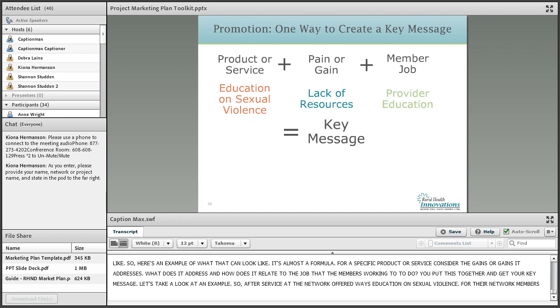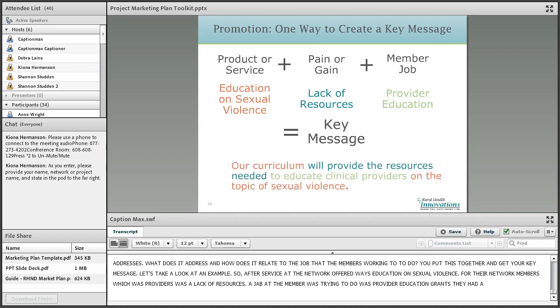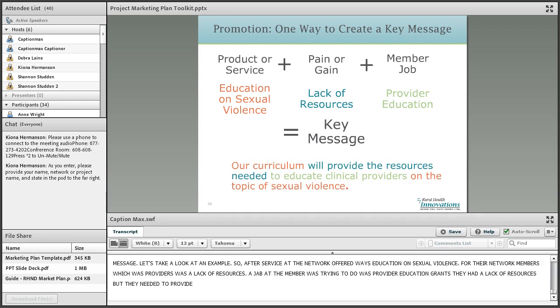You put those together and you get your key message. Let's take a look at an example of something like this that a grantee from a previous cohort put together. So a product or service that the network offered was education on sexual violence. A pain for their network members, which was providers, was a lack of resources.